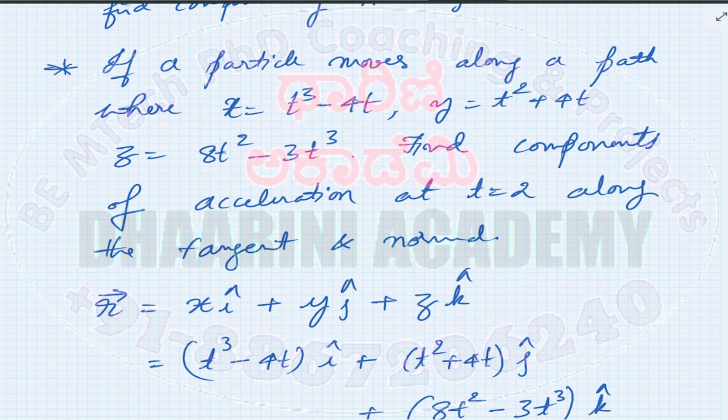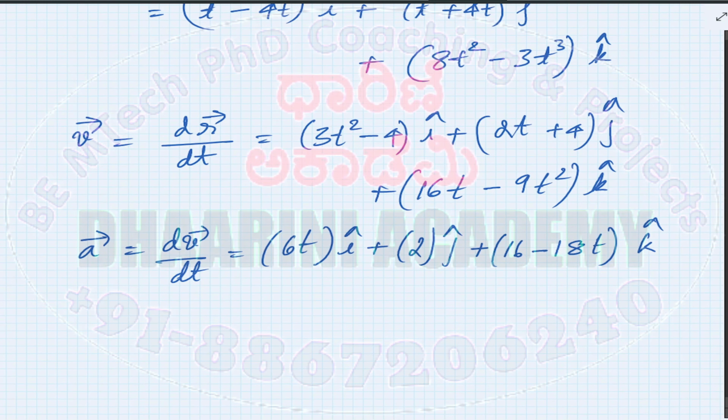Okay, we got this. Now you see the question says that we need to find the components of acceleration at t equal to 2. So we'll try to calculate the acceleration and velocity. All right, so we'll do that calculation first.